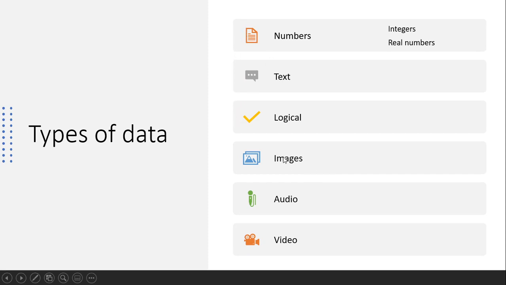You can also process images, audio, and video using your computer. You can do that. Doing it using C++ is a little challenging, but given your understanding of C++ at this moment, you may not be able to do it right now.